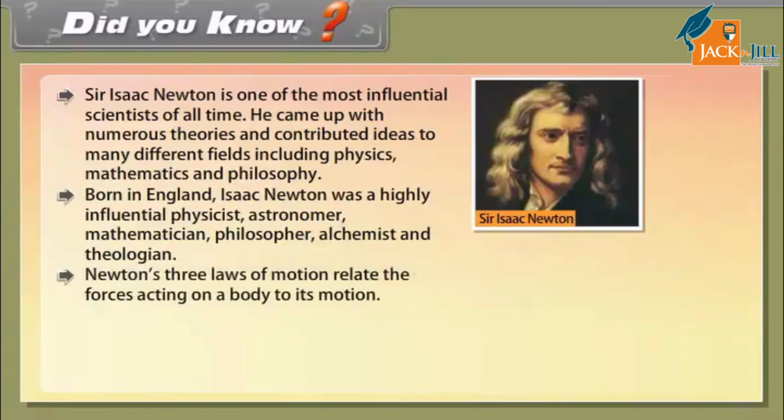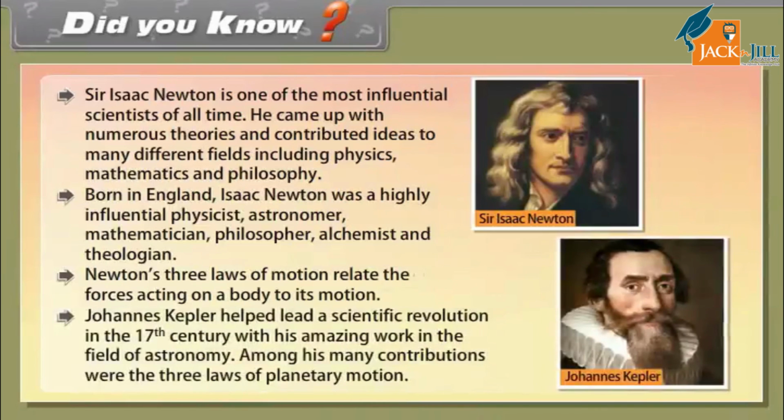Newton's three laws of motion relate the forces acting on a body to its motion. Johannes Kepler helped lead a scientific revolution in the 17th century with his amazing work in the field of astronomy. Among his many contributions were the three laws of planetary motion.